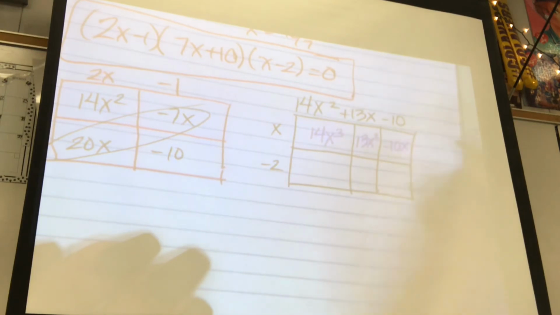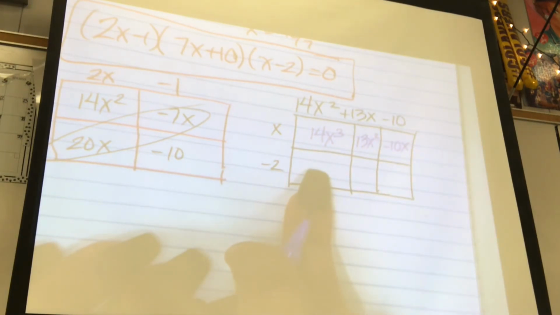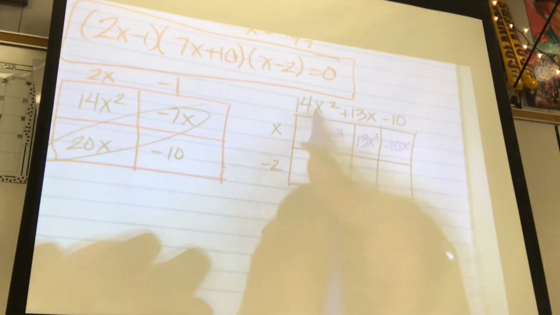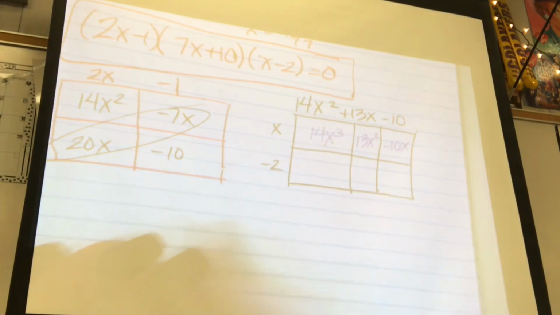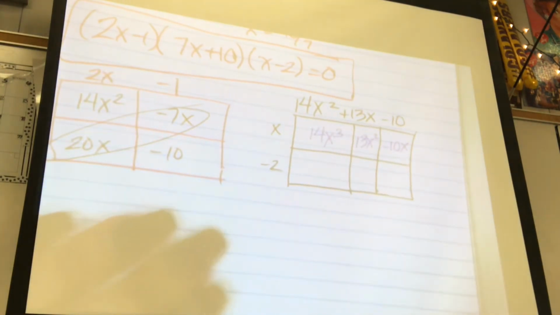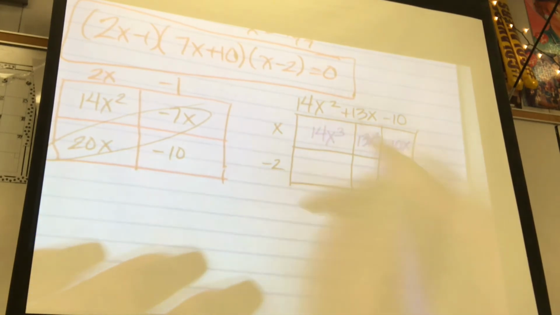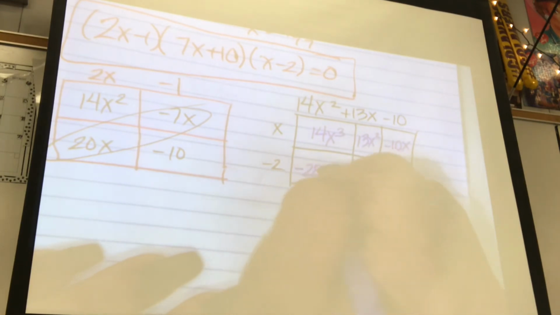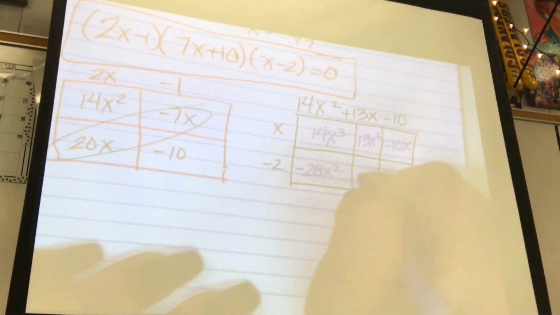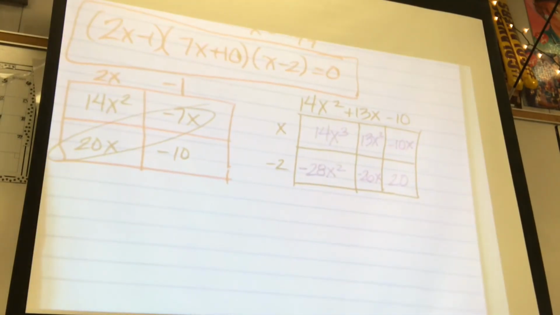Thank you. 14x squared times negative 2. I didn't hear the negative. Did you say negative? Oh, okay. Negative 28x squared. And then this one? And then this one? 20. So you guys are going to combine like terms now.